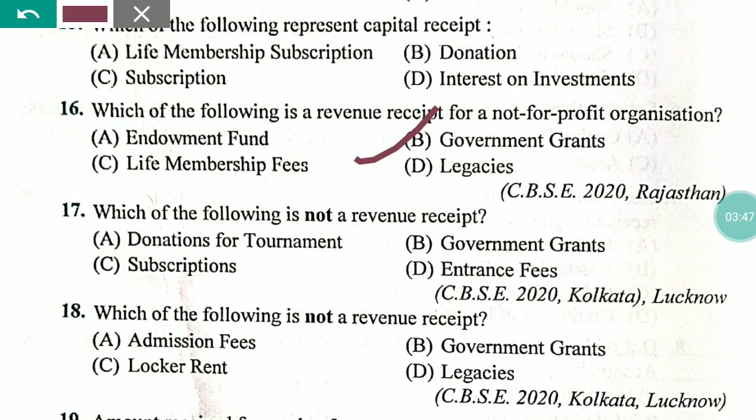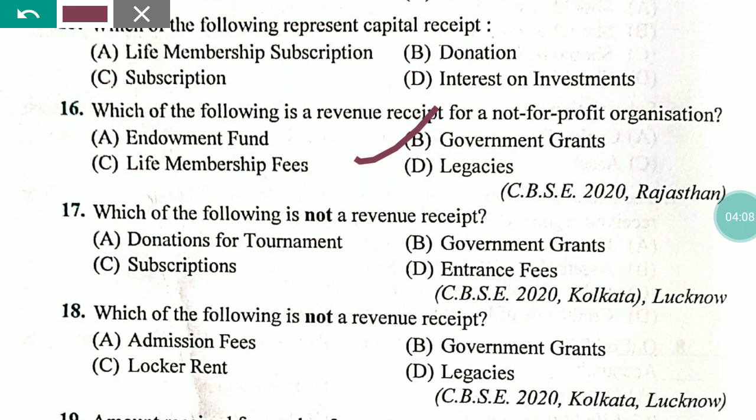So a government grant is a revenue receipt. Government always supports not-for-profit organizations to run and provide service to the public, so this is a grant given in the regular way. So answer B is the right one.